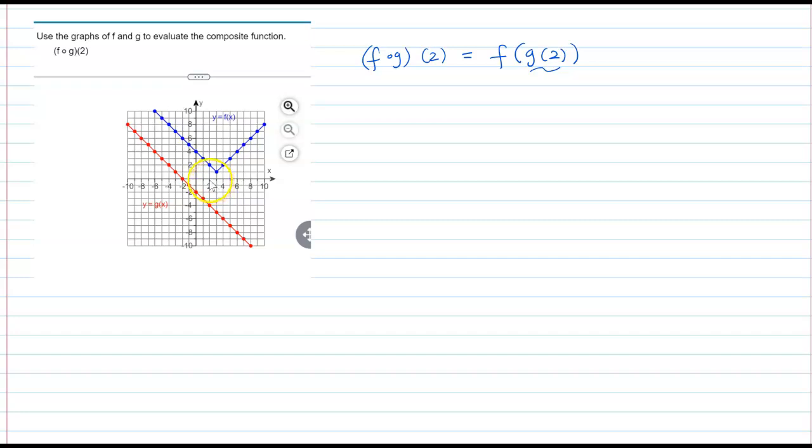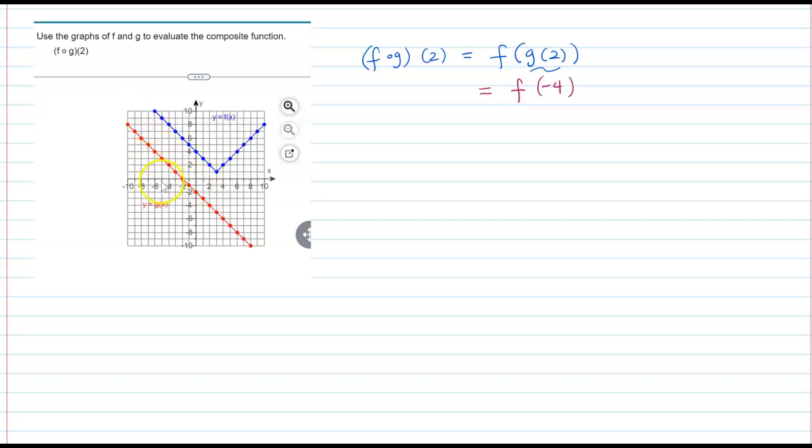The graph for g is the red graph. x is equal to 2. So then you get the y value. So g at 2 is negative 4. So this is equal to negative 4. So you're just going to get the value of f at negative 4.